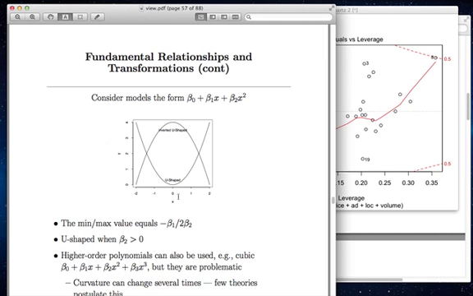What do you do if you have an inverted U-shaped relationship? One very famous example of an inverted U-shaped relationship is price and profit. If x is price, if I charge very little, I sell a lot of product, my margins are very thin, and I don't make a lot of profit.